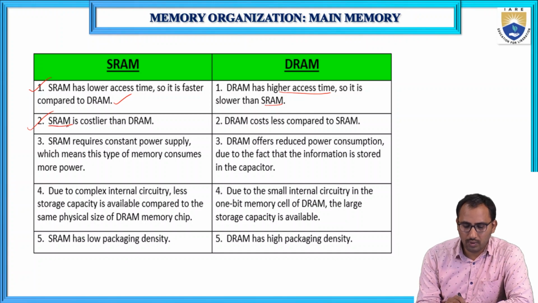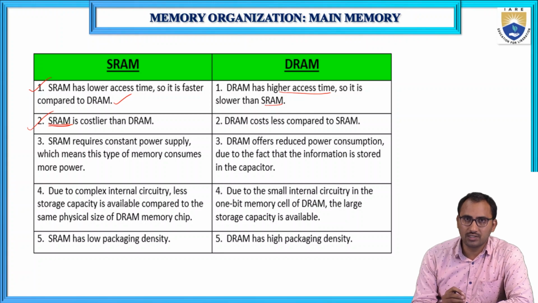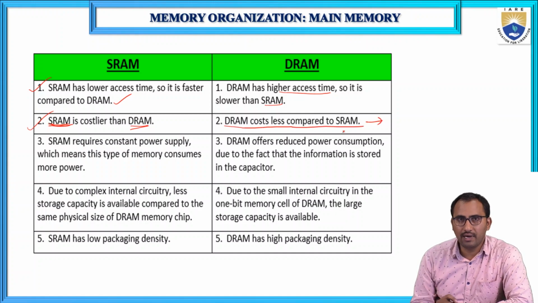In order to implement SRAM, we require 6 MOS transistors for each memory cell, so SRAM is costlier and more expensive when compared with the DRAM. DRAM costs less because we require fewer components in order to implement the DRAM cell.